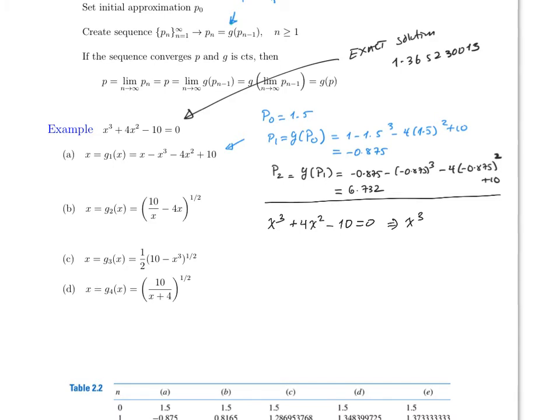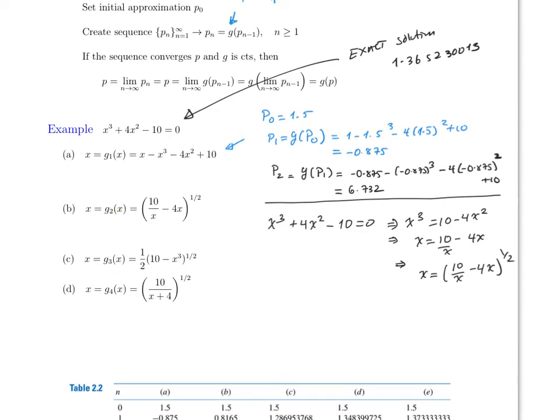This means that x cubed equals 10 minus 4x squared, or if you divide both sides by x, you will have x equals 10 over x minus 4x, and therefore x will be equal to the square root, or plus or minus this, but we want to go with the positive side. That's it. So if you use algebra, this is how you get all the different versions of g.